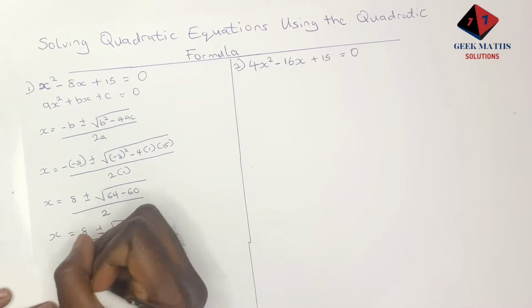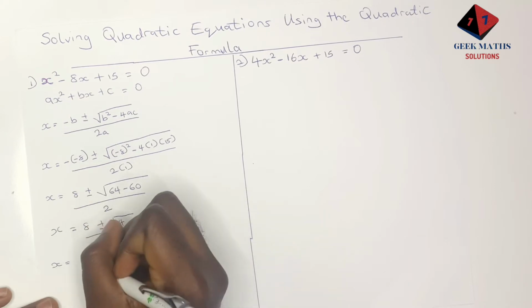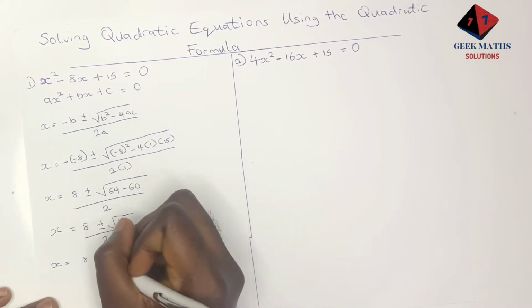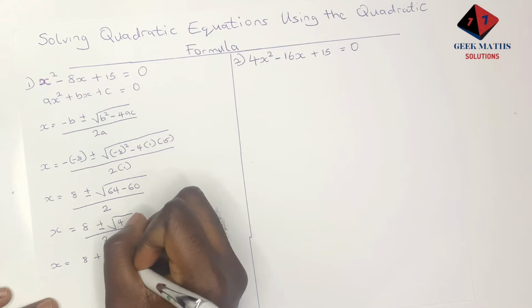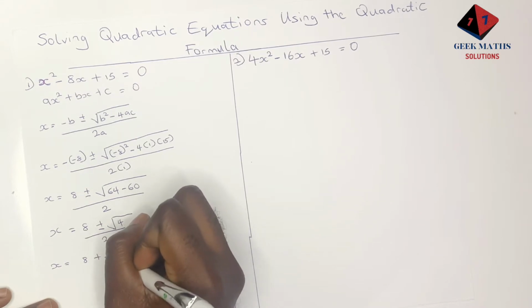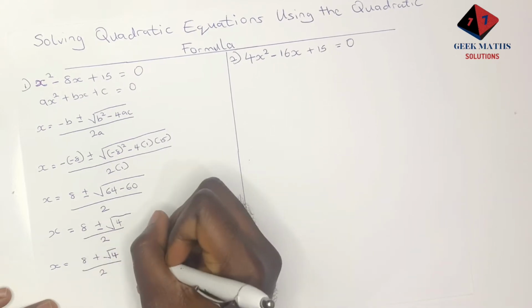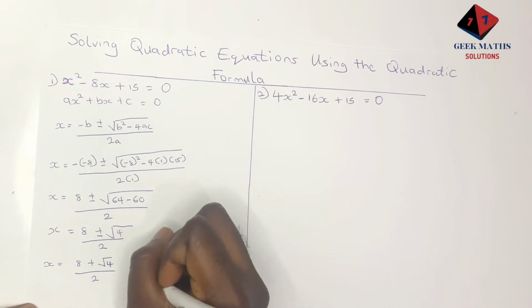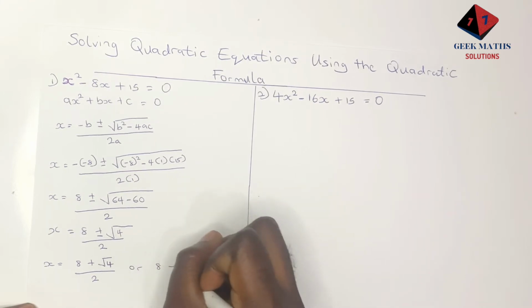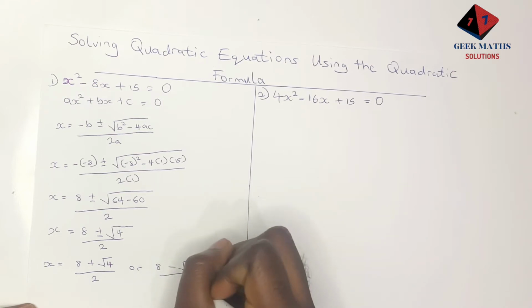So this can be broken down into x will be 8 plus the square root of 4 over 2, or 8 minus the square root of 4 over 2.